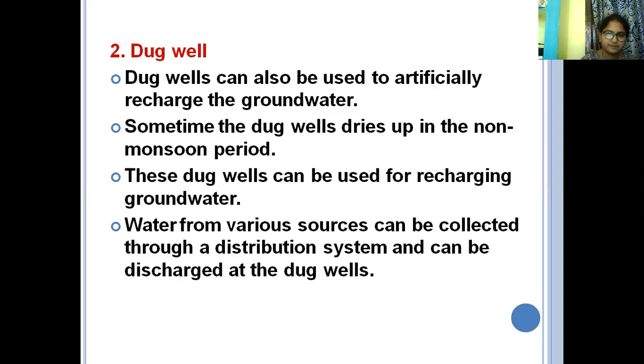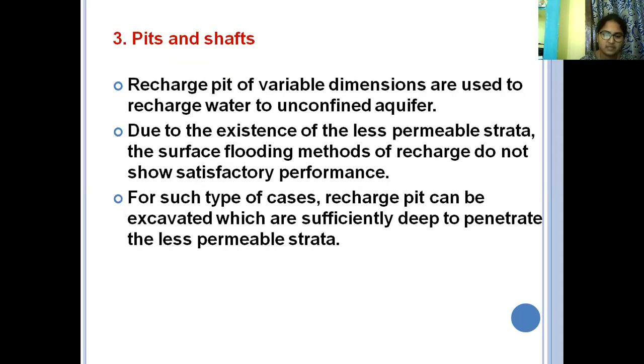And pits and shafts. Recharge pits of variable dimensions are used to recharge water to unconfined aquifers. For such cases, a recharge pit can be excavated which is sufficiently deep to penetrate the less permeable strata.